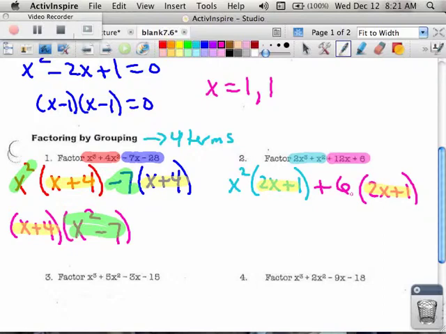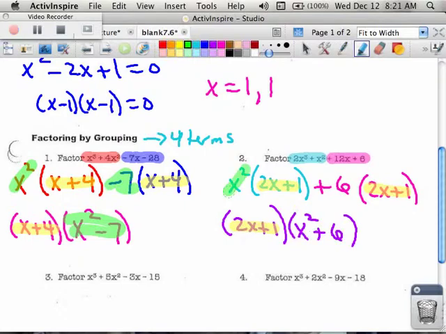Because 6 times 2x is 12x, and 6 times 1 is 6. Oh, look, I see that highlighted stuff is repeated. So I just write that down first, 2x plus 1, because that was my yellow highlighted stuff. And then in the second parentheses, I throw everything else, which was the x squared, the plus sign, and the 6, because that was all the information that was left over.